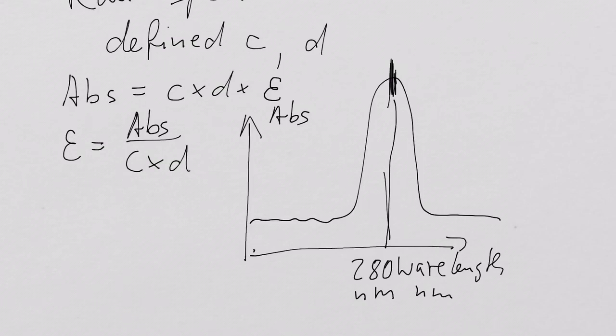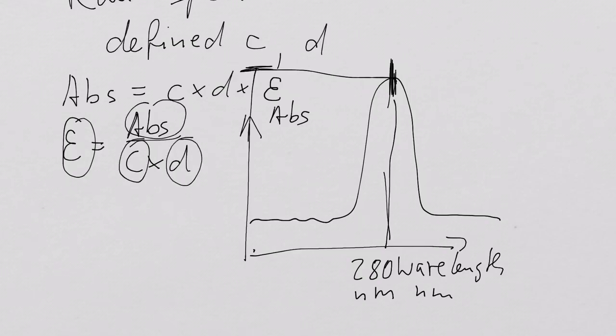It can also absorb light at another wavelength, but for the time being I'm in this range here, 280 nanometers. If I have a concentration of a known value, I simply measure the absorbance, I know this, and I get my epsilon.